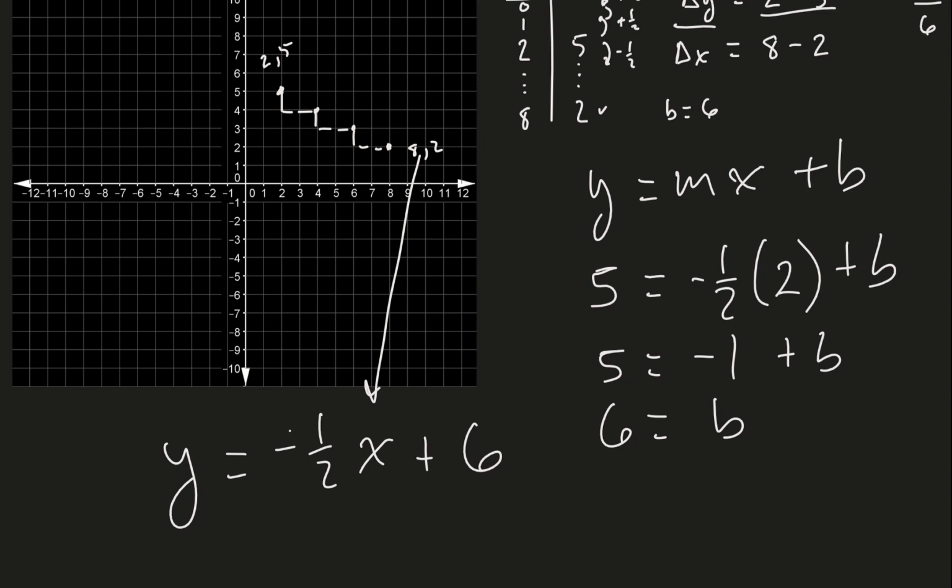So it's negative 1/2 times 8, which gives me negative 4, and negative 4 plus 6 is indeed 2. Same thing with the other point: if I bring in the 2, negative 1/2 times 2 is negative 1, and negative 1 plus 6 is 5. So I can see that this definitely hits the 2 points that I had on my table.